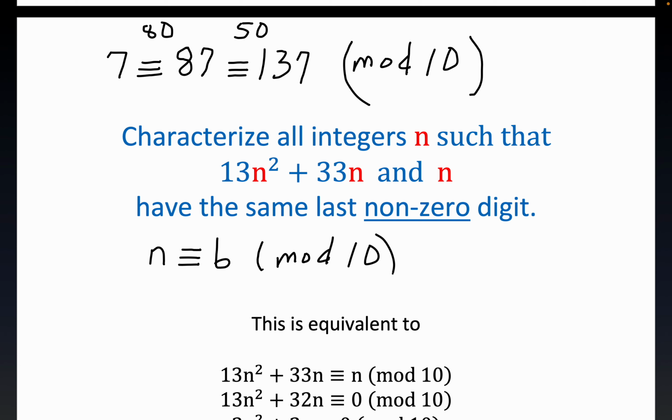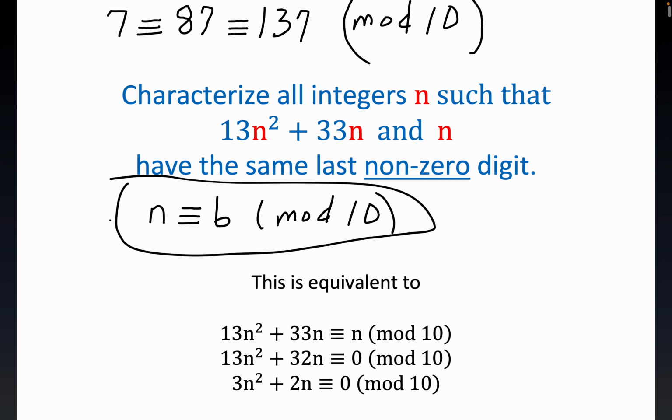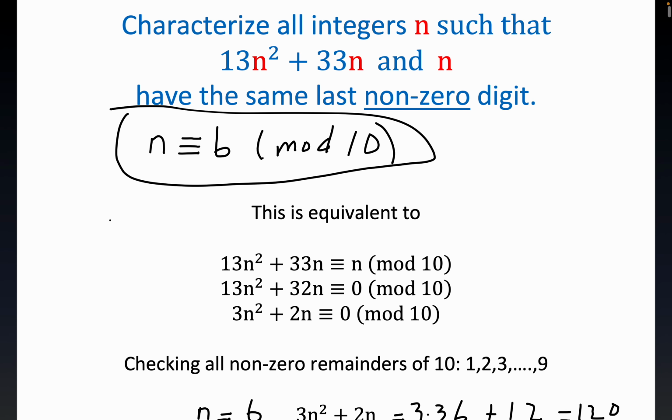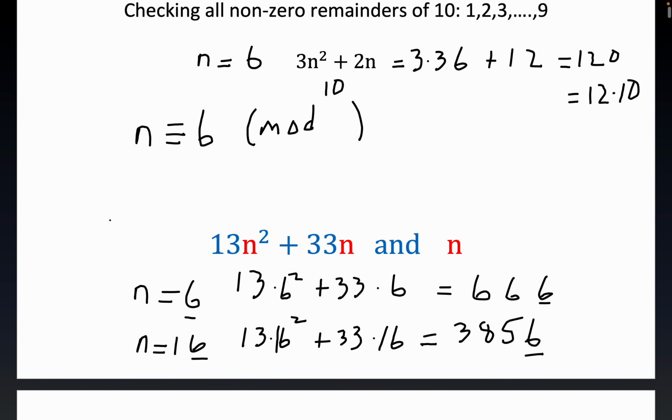But you have to be slightly cautious about this, because notice that n equals -4 would be congruent to 6 mod 10, right? But you can verify what will happen here: your expression would correspond to 13 times -4 squared plus 33 times -4.